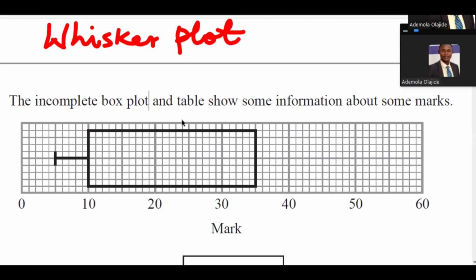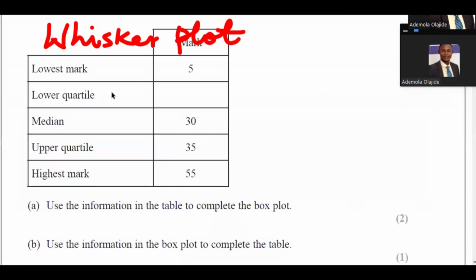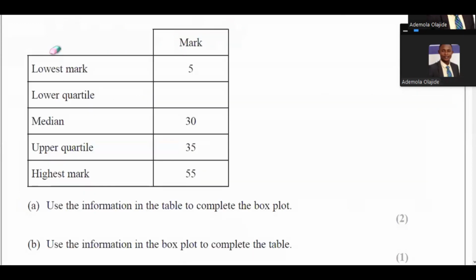They said the incomplete box plot and table show the information about some marks. So this box plot and this table, the two of them together, will serve the purpose of what we want to find. Here, we are given that the lowest mark is 5.